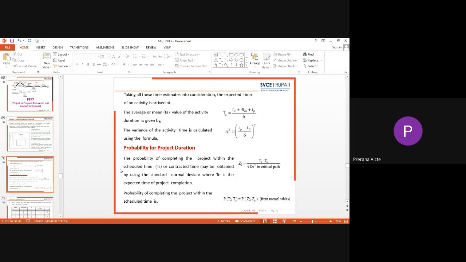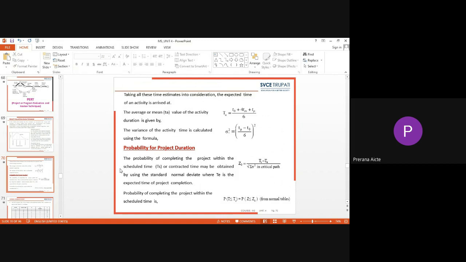Generally TS represents the scheduled time and TE represents the expected time of project completion. So here the probability Z can be obtained by using the expression (TS - TE) / root of sigma square. In this, the variance is calculated only for the critical path activities.